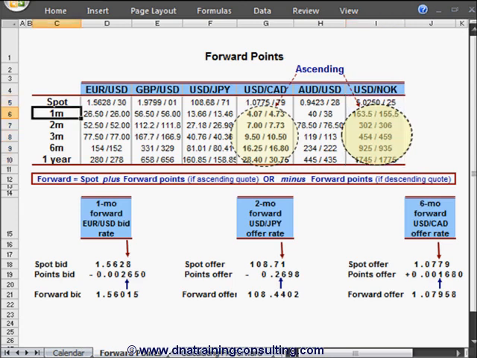For every maturity from 1 month to 1 year, the bid side of the forward points is smaller than the offer side. In all the other columns, the quotes of the forward points are in descending order, meaning that the bid side of the forward points is greater than the offer side.